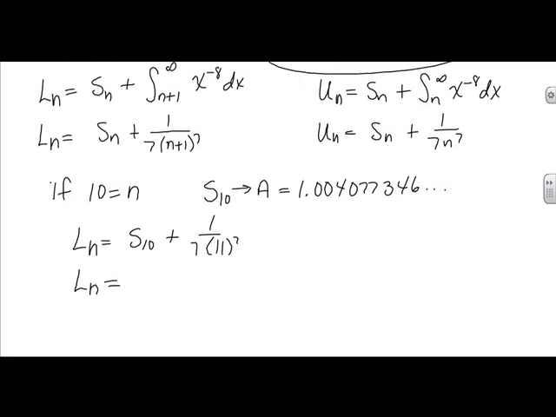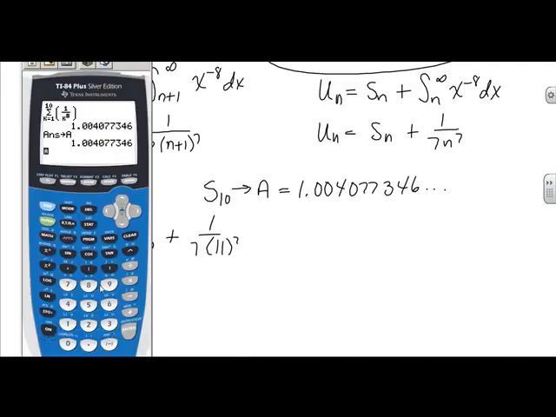Oops, I left out a parenthesis. There we go. Okay, evaluate that. And let's store that as B. So store alpha B. The number we've got is 1.004077354, and we've stored that as B in case we need that for something later.